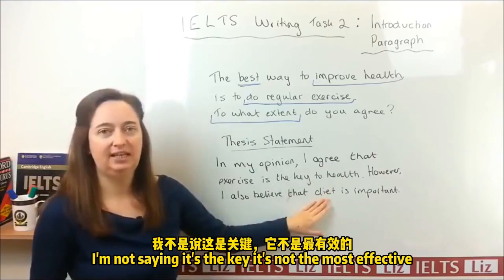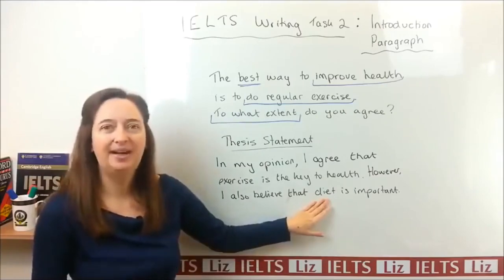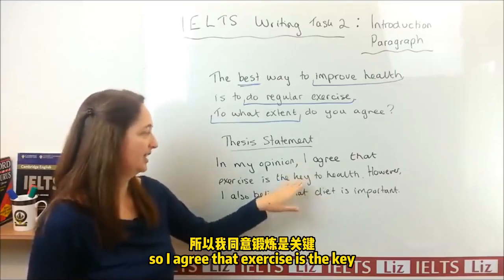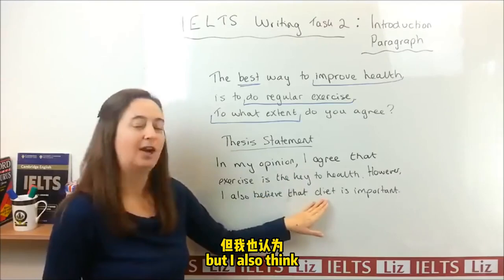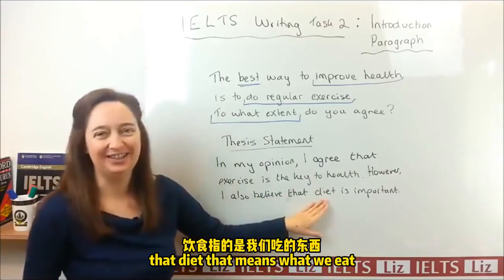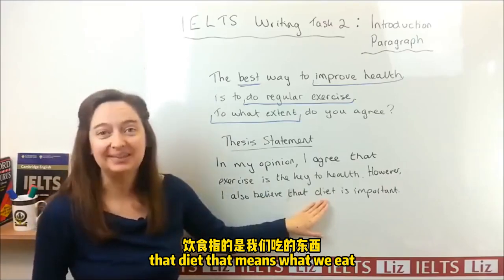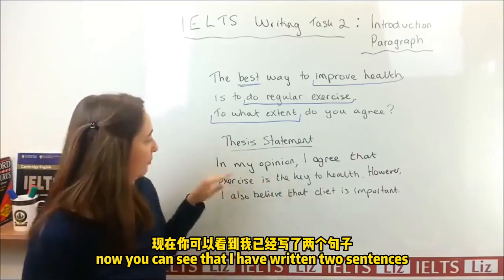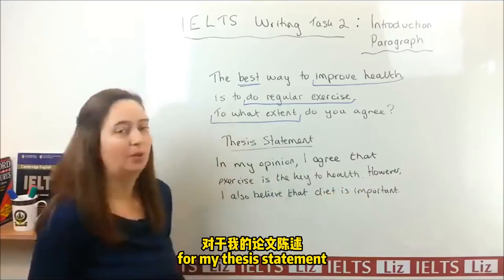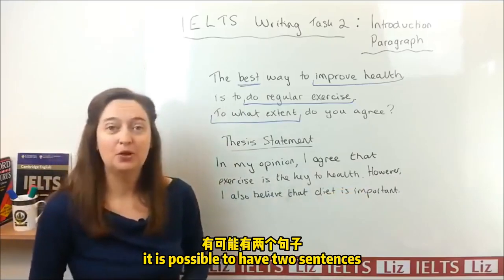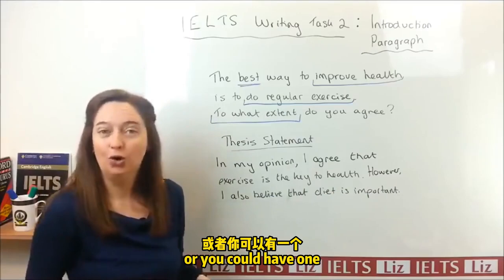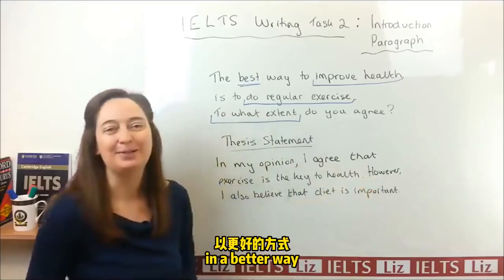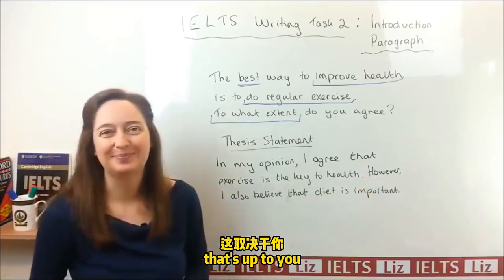I'm not saying it's the key, it's not the most effective, but it is important. So I agree that exercise is the key, but I also think that diet, that means what we eat, is important. Now you can see that I have written 2 sentences for my thesis statement. It is possible to have 2 sentences, or you could have one and you could link these together in a better way. That's up to you.